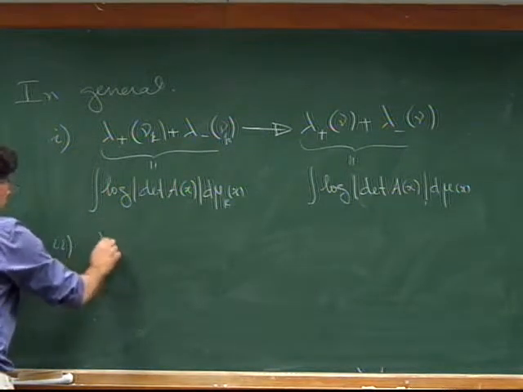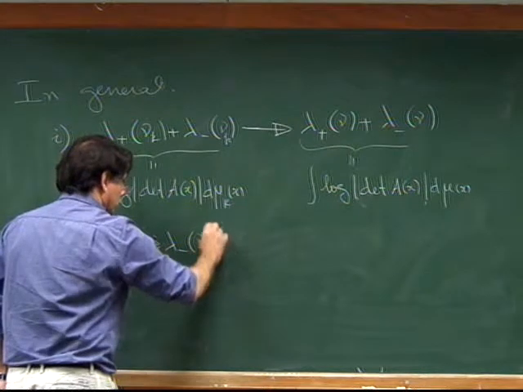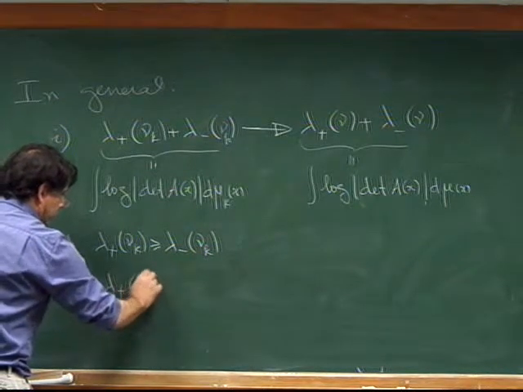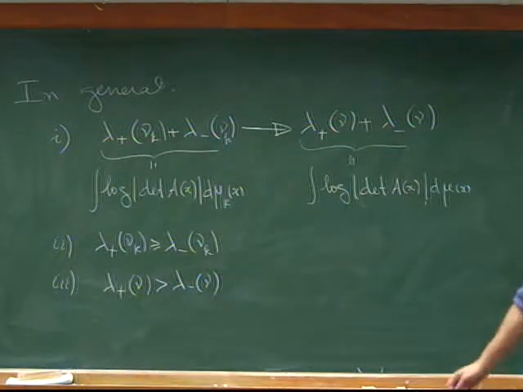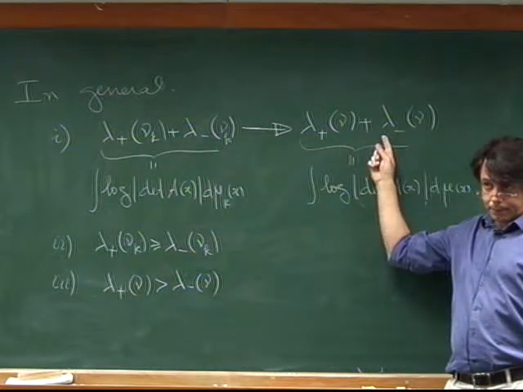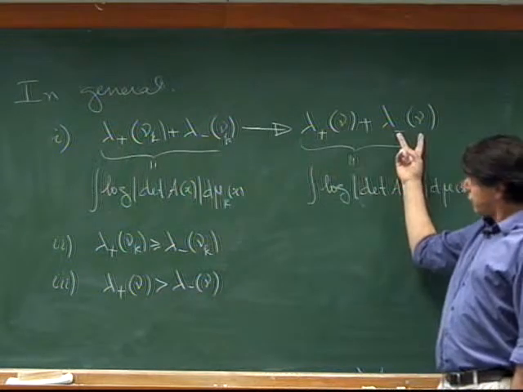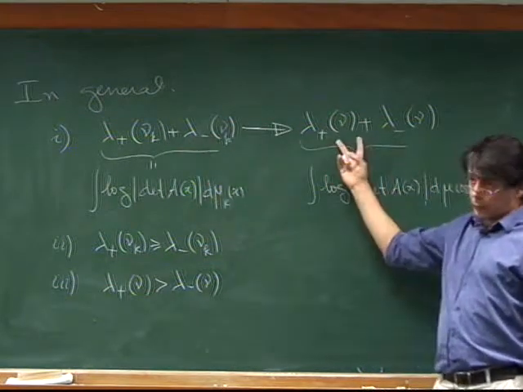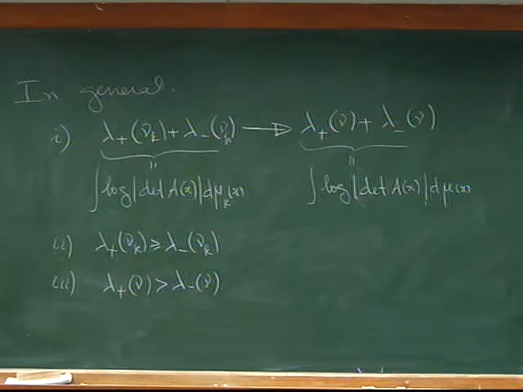We have that lambda plus of nu k is bigger or equal than lambda minus of nu k for all k. And we have that lambda plus of nu is bigger than lambda minus of nu by assumption. So you see, if the sum converges to the sum, and this lambda plus converges to lambda minus, then to compensate, lambda minus has to converge to lambda plus.